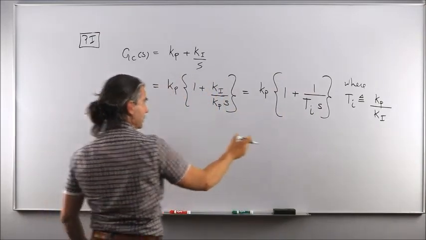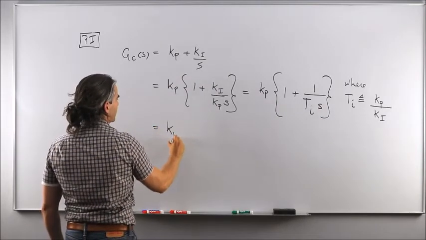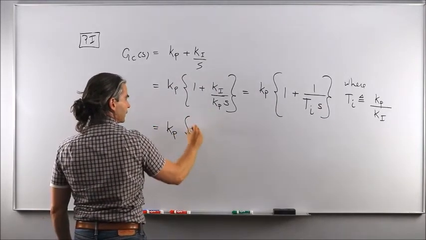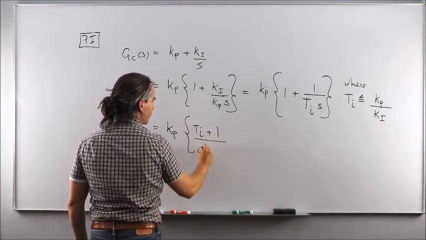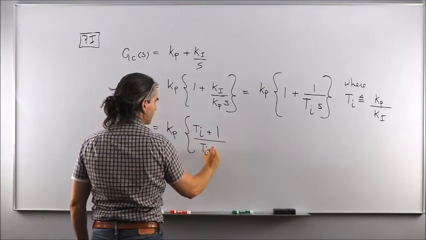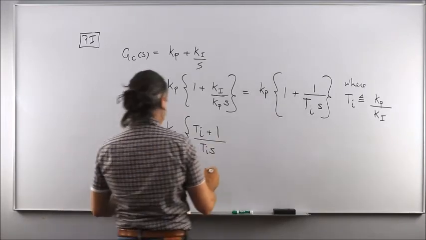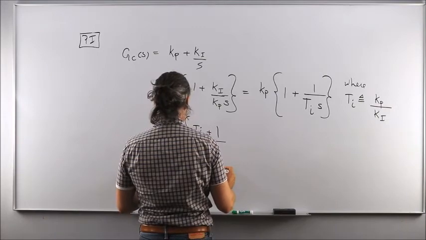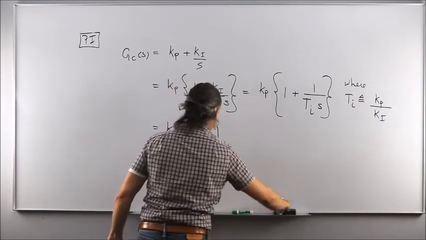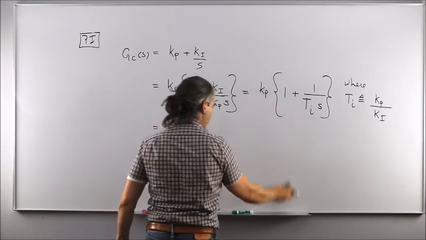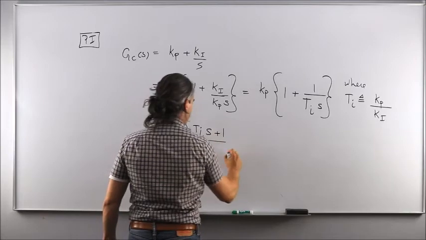And then I'm going to put everything onto the same denominator inside the brackets to rewrite Kp times Ti s plus 1 over Ti s. So it needs to be Ti times S plus 1 like that.